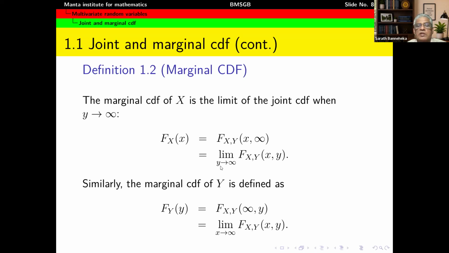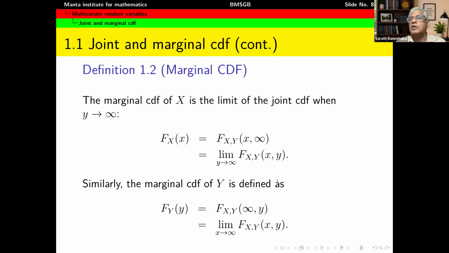So that's the limit as y goes to infinity of F_XY(x, y). So this x here is the same as this x, but y has to be infinity. And similarly, if you want to get the cumulative distribution function of y, you have to set x equal to infinity in the joint cumulative distribution function.